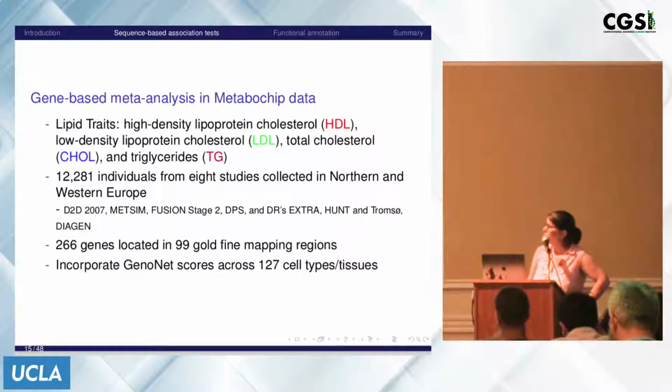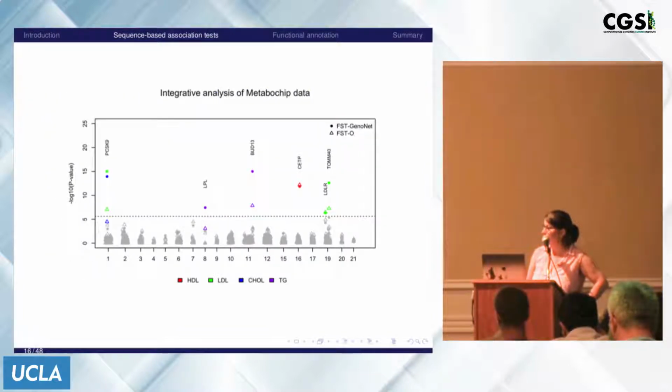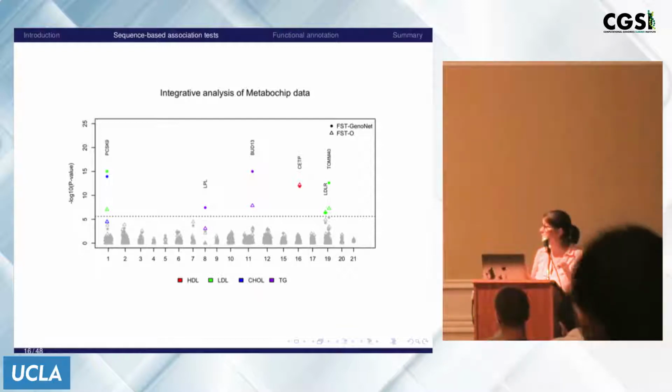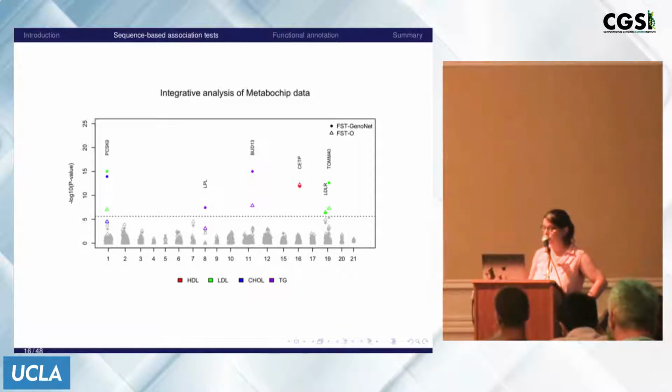What I'm showing here on the x-axis is the physical position of the genes, and on the y-axis is the negative log 10 p-value from this gene-based test. We have two types of tests: the circles correspond to the integrative test, and the triangles correspond to the standard SKAT-O test.